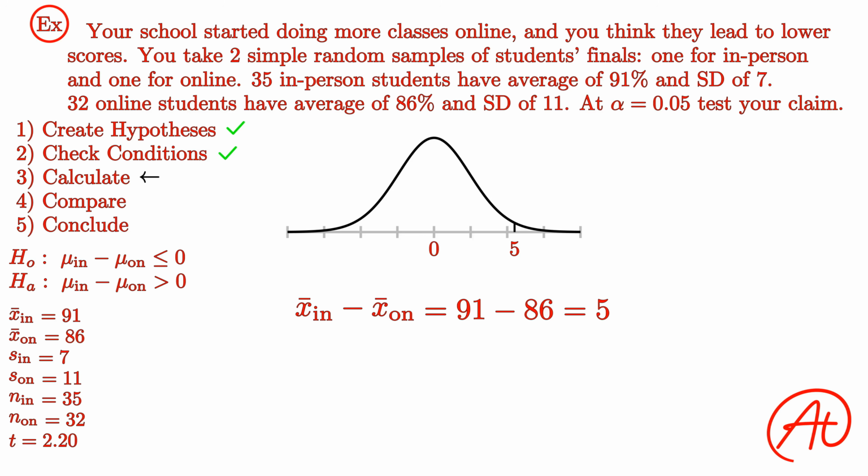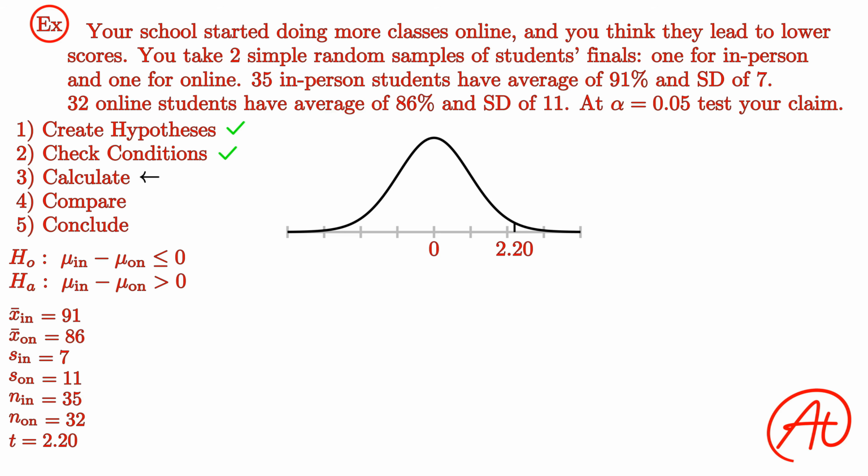To do this, we first standardized our data from a difference in sample means into a t-score. As a reminder, the t-distribution is always centered at a t-score of 0, so our assumed difference of 0 gets converted to a t-score of 0. And then the t-score for our difference in sample means, we found that to be 2.20.